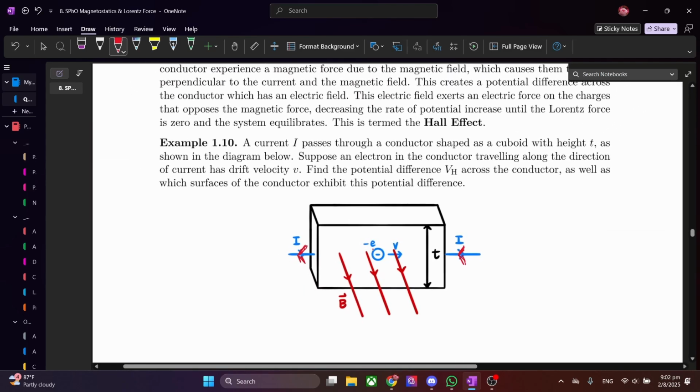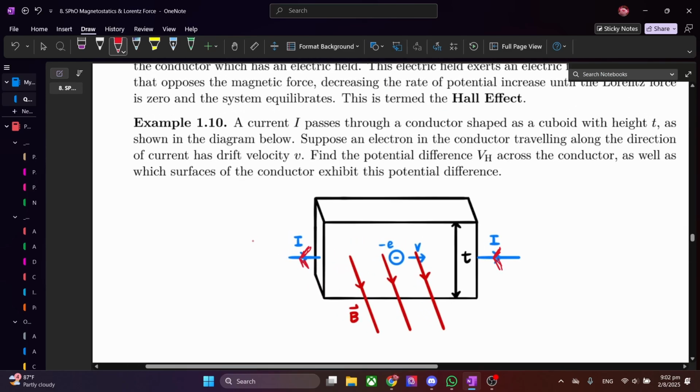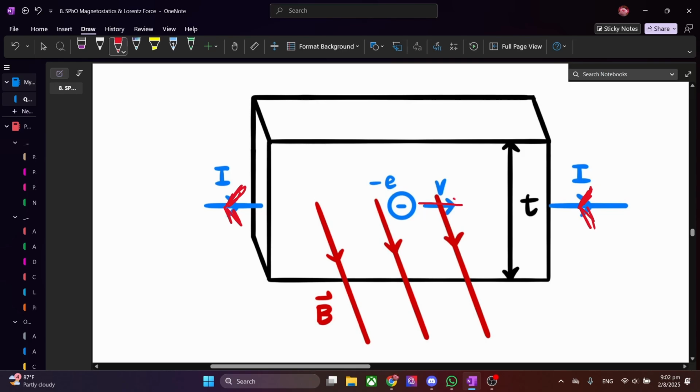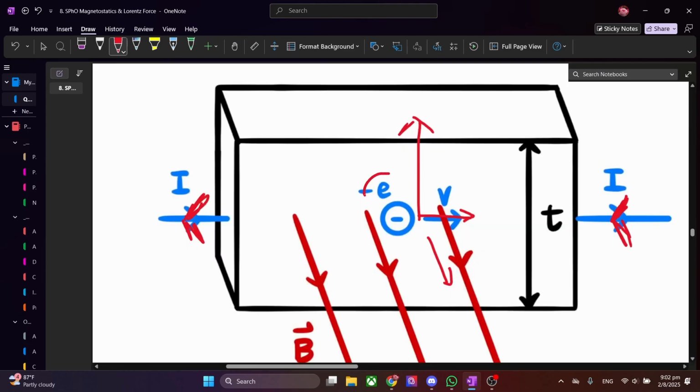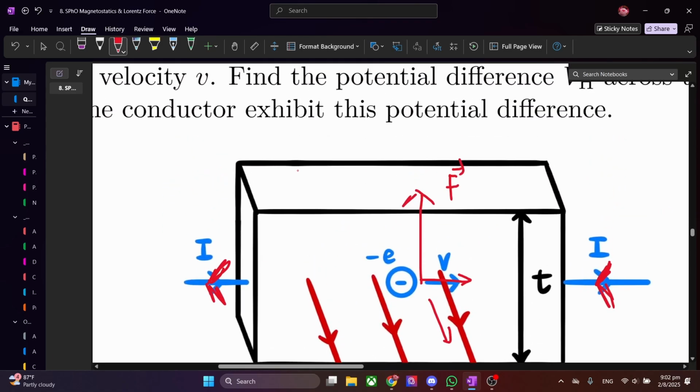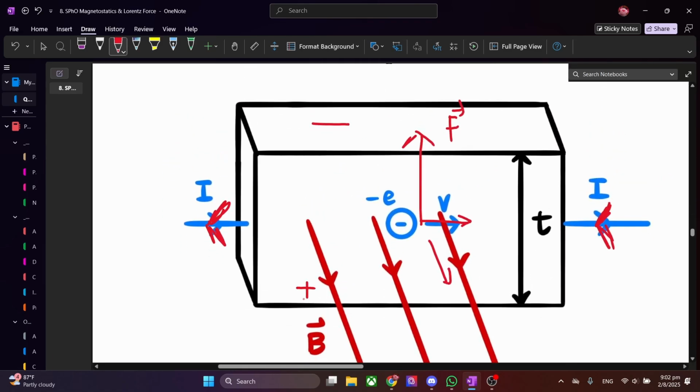What we want to do is find the potential difference across the conductor. The reason there's a potential difference is that the electron has this velocity here and there is this magnetic field pointing out. You can consider your cross products carefully, and you get that your force acts in this direction because your charge is negative. So that will cause a buildup of electrons here and a buildup of positive charges here.